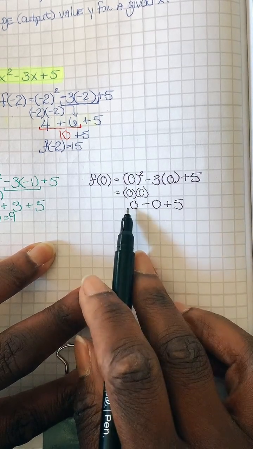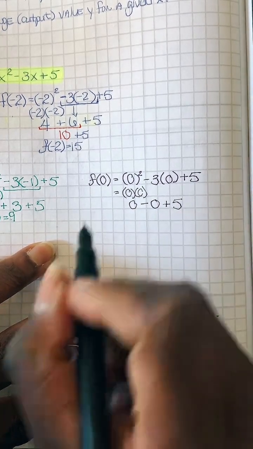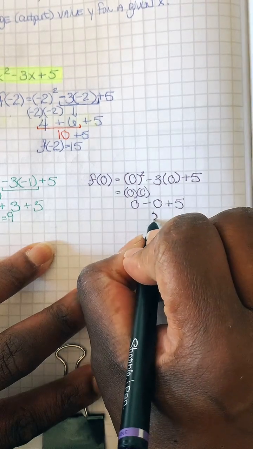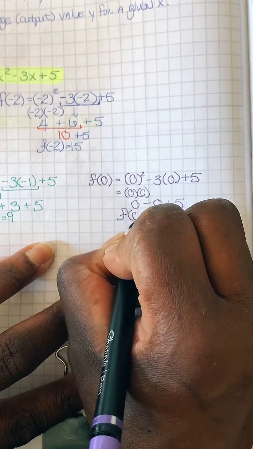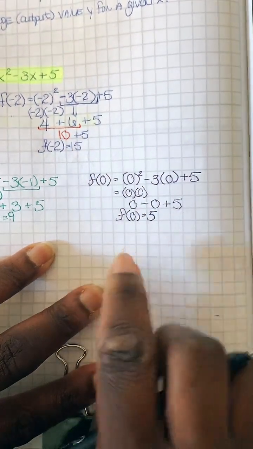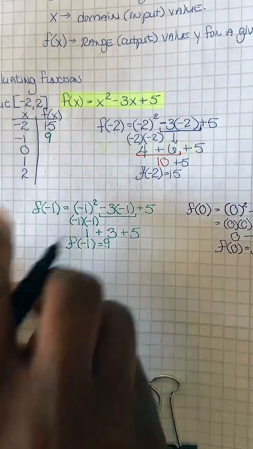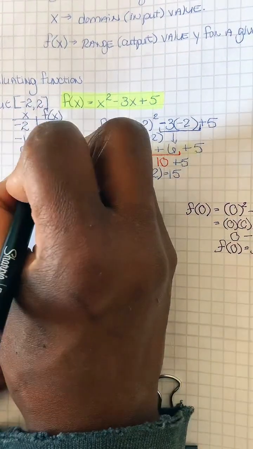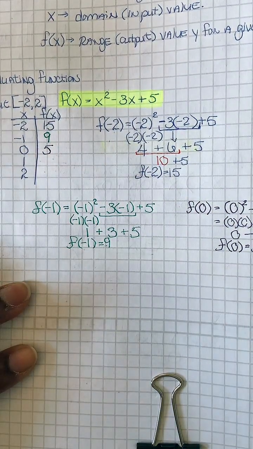Take nothing, take away nothing will give us nothing. But then plus 5 will give us our answer of 5. So that means the f of 0 is equal to 5. So for our table, where our zeros are x, 5 is going to be our y statement.